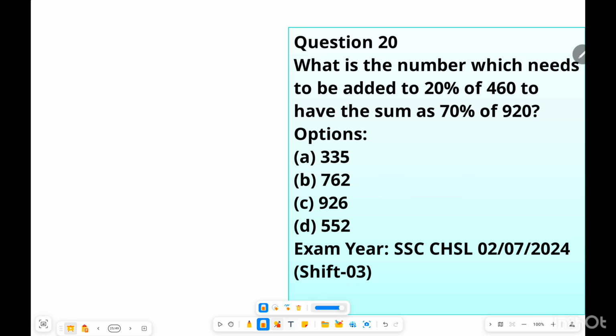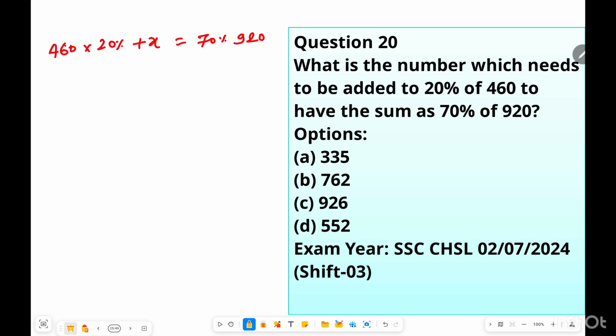The question is saying, what is the number which needs to be added to 20% of 460, and then the result should be 70% of 920, right?